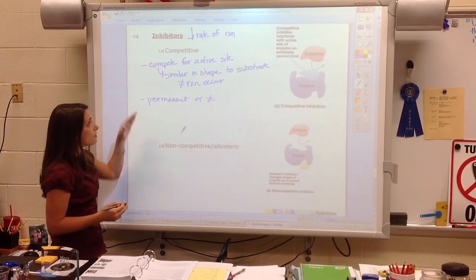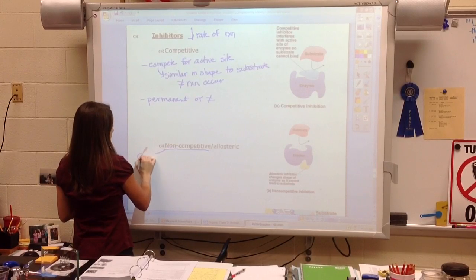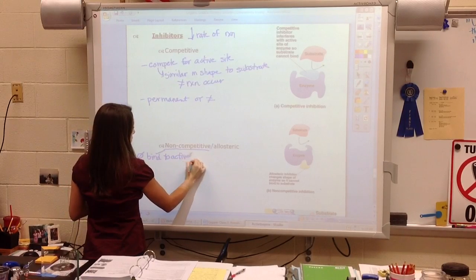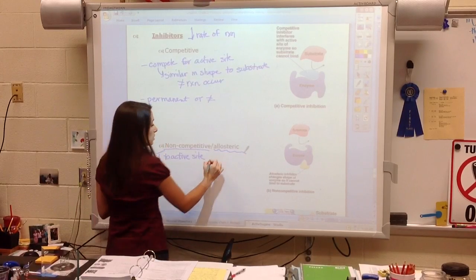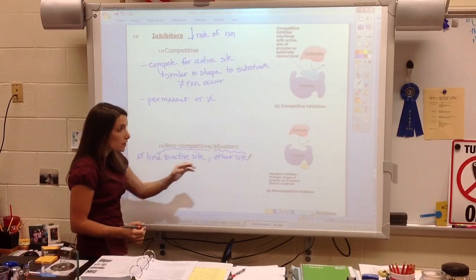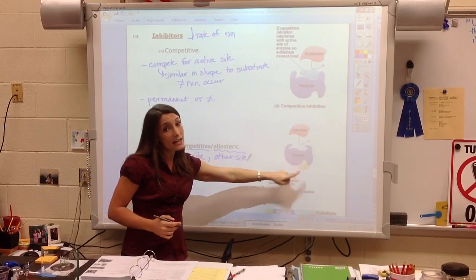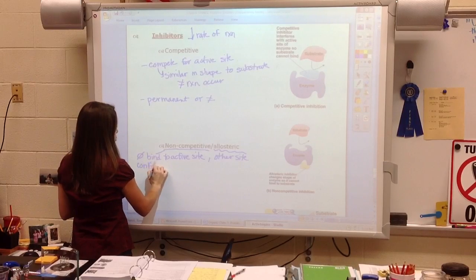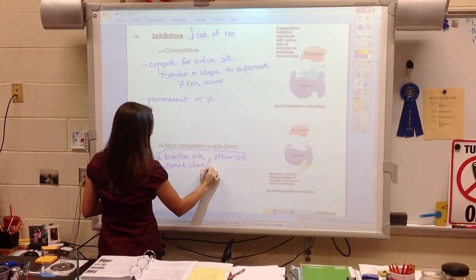The second type are called non-competitive. And what we mean here is that they do not bind to the active site. But they bind to this idea of an allosteric site or an other site. And so we can see this picture here. Here we've got our enzyme. The allosteric inhibitor binds to the enzyme at a different place, and it causes a conformational change, shape change.